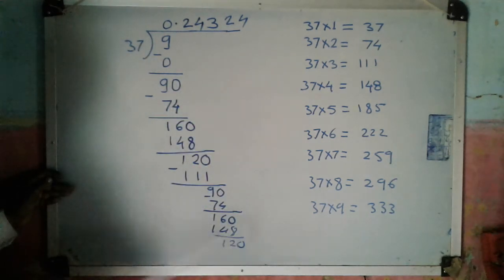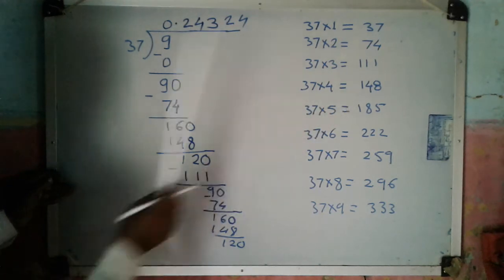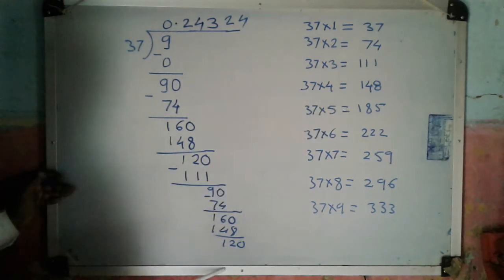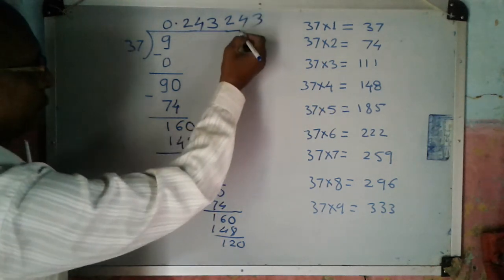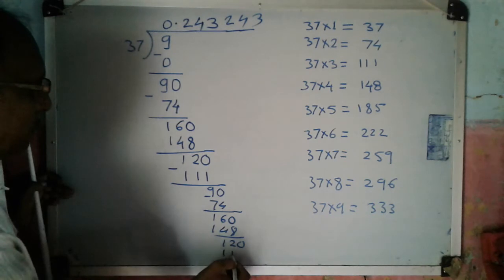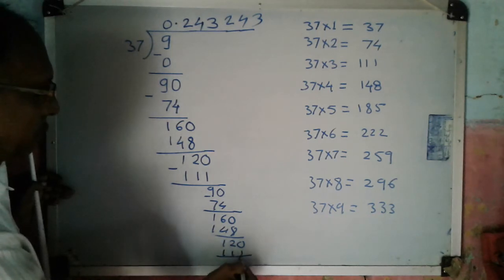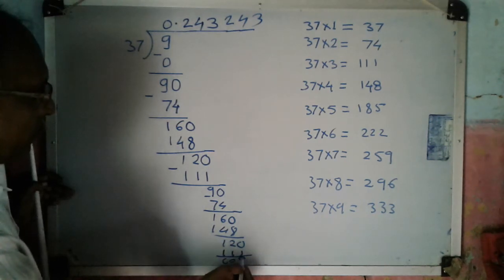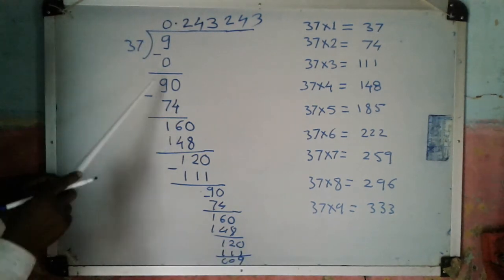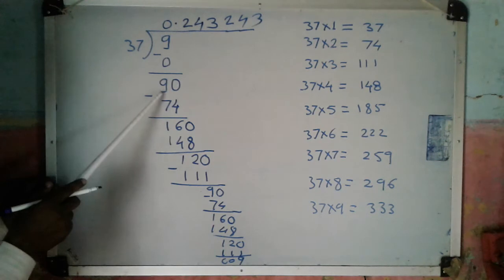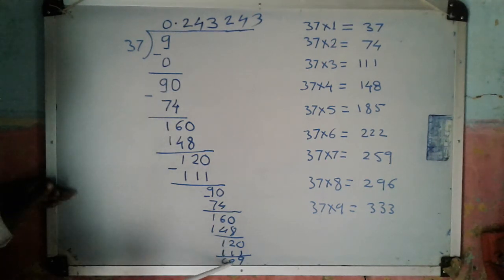We get 120 of 37. These are 111. Remainder is 9. See, here the remainder was 9 and here also the remainder is 9.